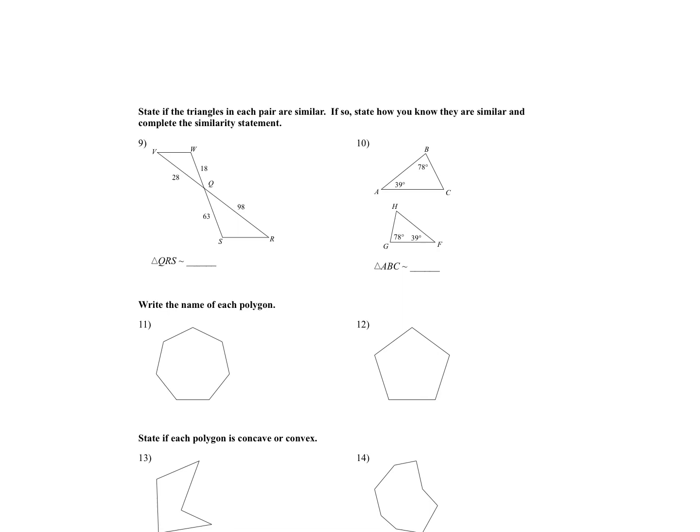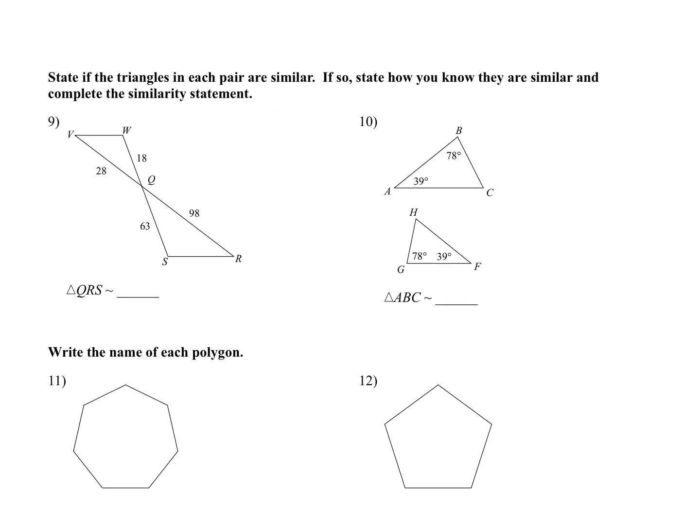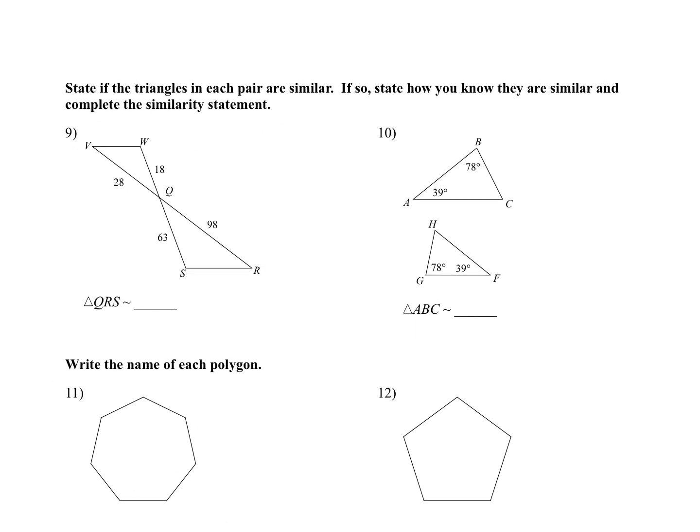So on 9 and 10, we're trying to see if the two triangles are similar. Little tricky with triangles. We still want to look at angles and sides. On number 9, do they share any angles? They share Q, right?